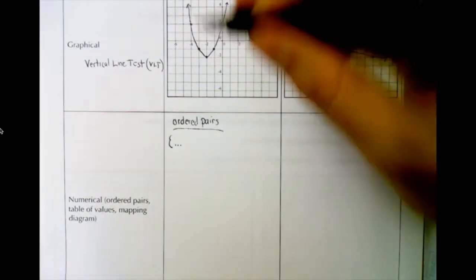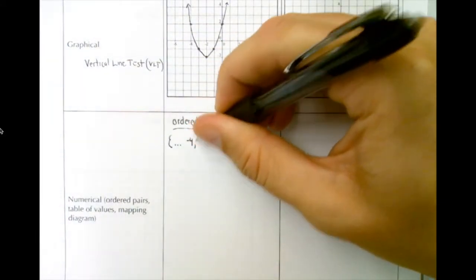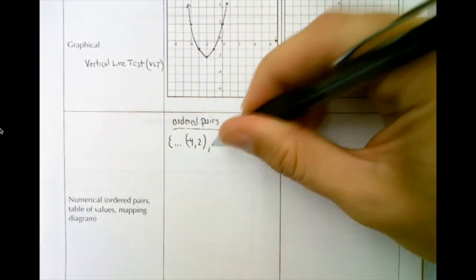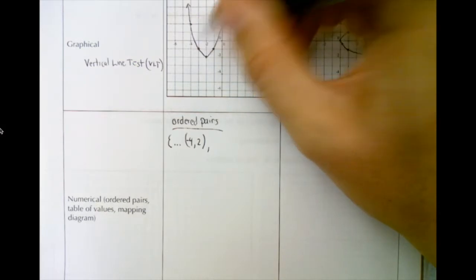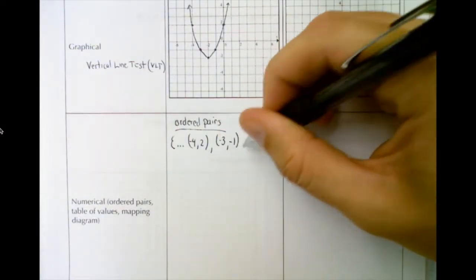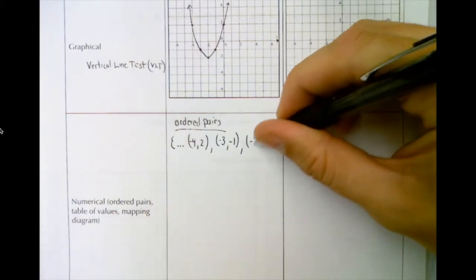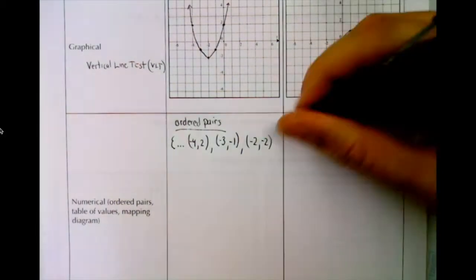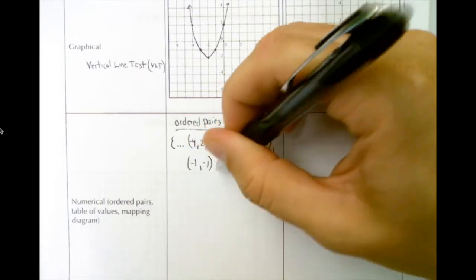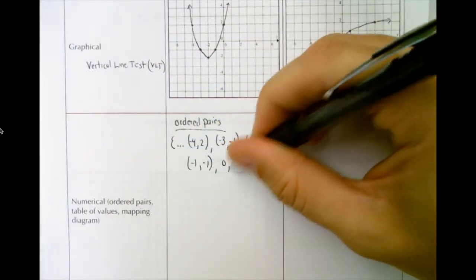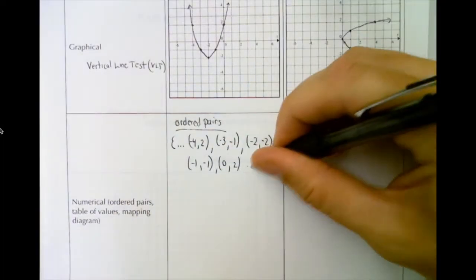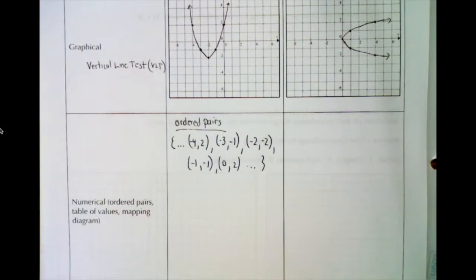We'll start with (-4, 2) in brackets to represent that it's a point. And then we'll go with (-3, -1), followed by (-2, -2), our vertex. And then (-1, -1). And finally (0, 2), our last point. And to show that the graph continues, we'll use some more dots there. So there's our set of ordered pairs.